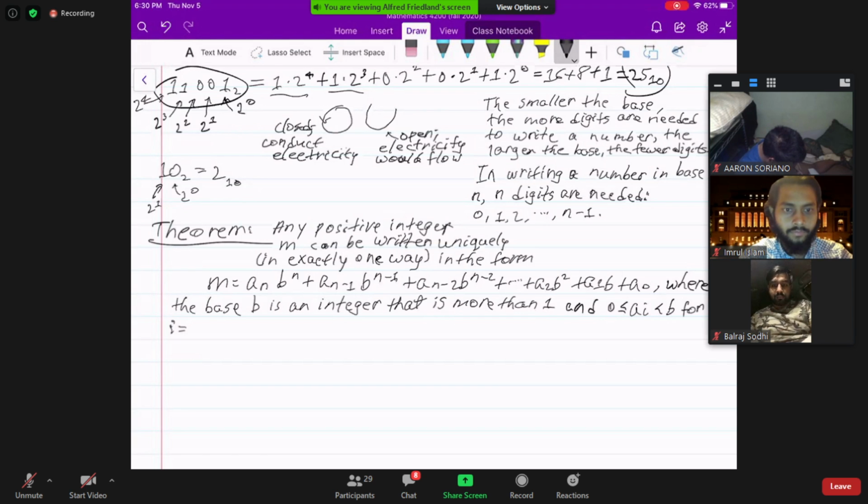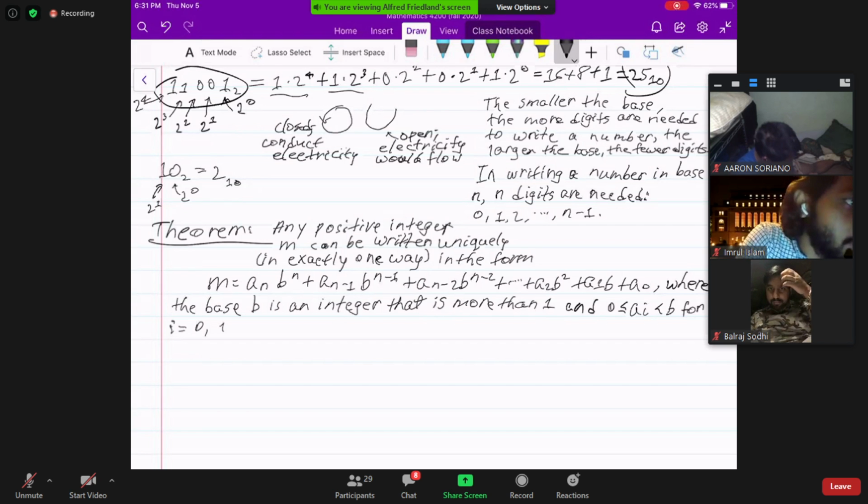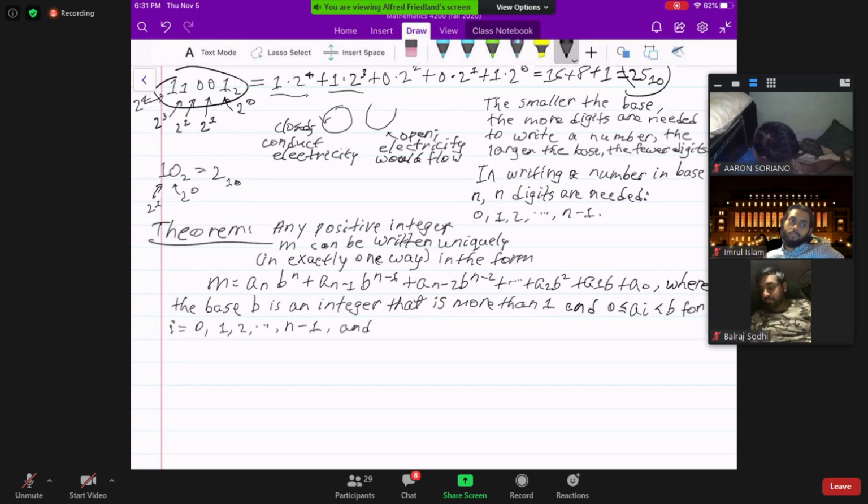So what's i? i is any of the numbers 0, 1, 2, 3, up to n minus 1. And the a sub n itself, which is the leftmost number, would be, let's see why this is true.